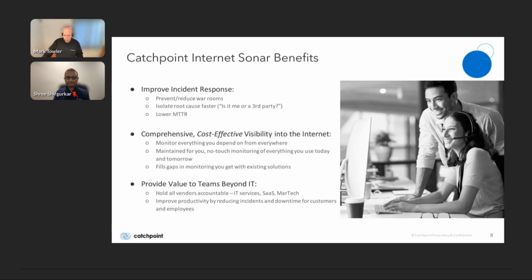Your marketing team definitely has a bunch of other services they depend on. All of these organizations are being impacted, and their concerns may not be top of mind for IT. And even if they are, usually it's someone in sales going, hey, Salesforce is down, what's going on? before IT necessarily knows about it. Internet Sonar will inform you of that instantly.